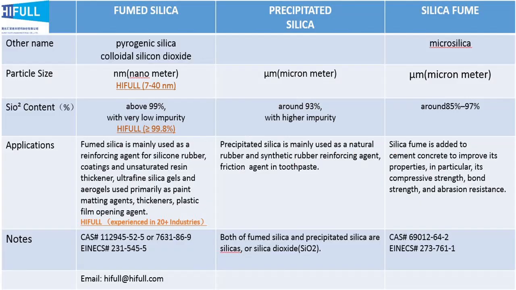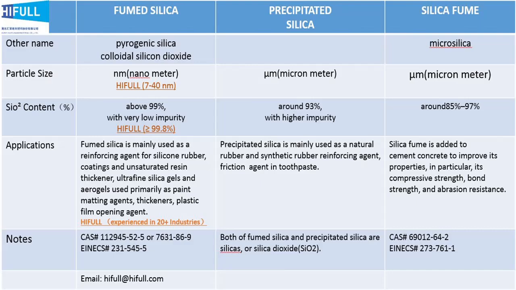When comparing fumed silica and precipitated silica, it becomes clear that while both are forms of amorphous silica, they differ significantly in their production methods, physical properties, and applications. Fumed silica is produced through the flame hydrolysis of silicon tetrachloride in a high temperature hydrogen-oxygen flame.